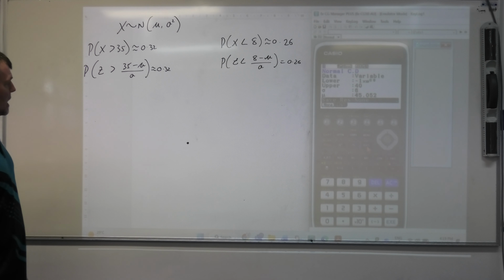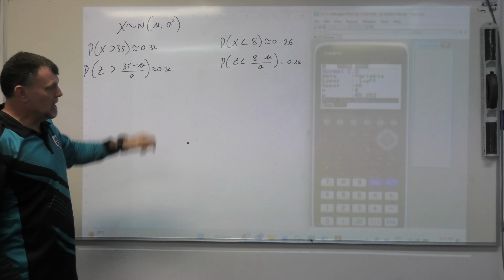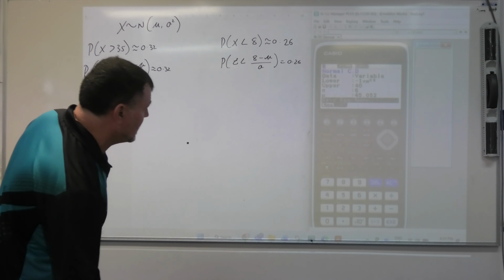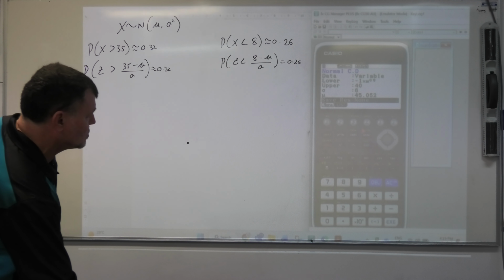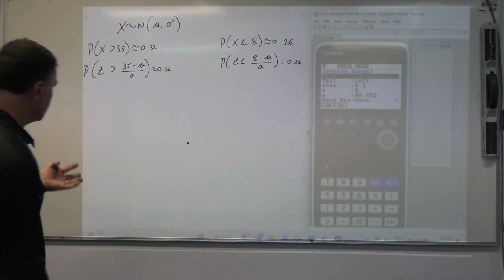So what we need to do here is find our z-scores for each of these. Now, let's look at how we do our z-scores again. Remember, your z-scores use inverse norm. So inverse norm, let's do the left-hand side.